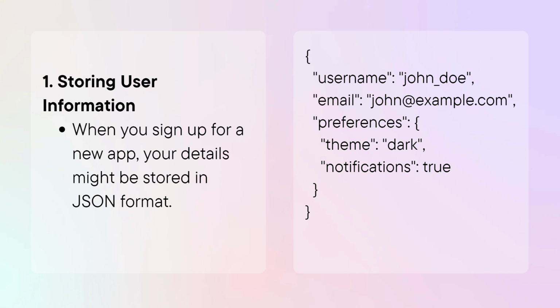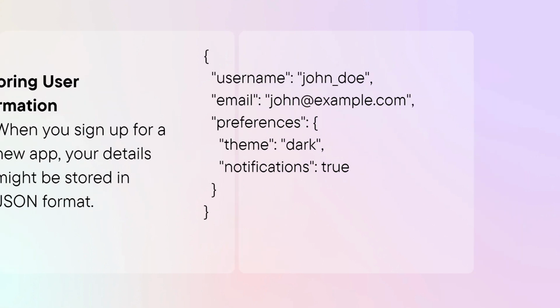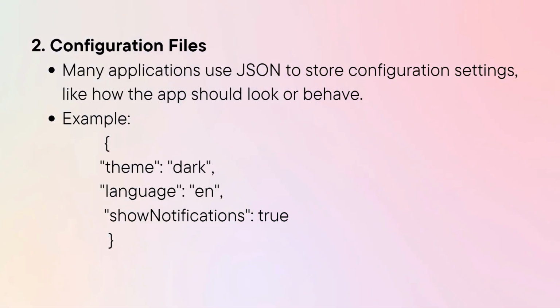And whether you want to switch on your notifications or not. So this data can be stored using JSON. The second example is configuration files. Many applications use JSON to store configuration settings. Like we discussed in the previous example, whether we want the notifications for the particular app to be displayed, the theme of the app that could be used, and the language in which we want to use the app.